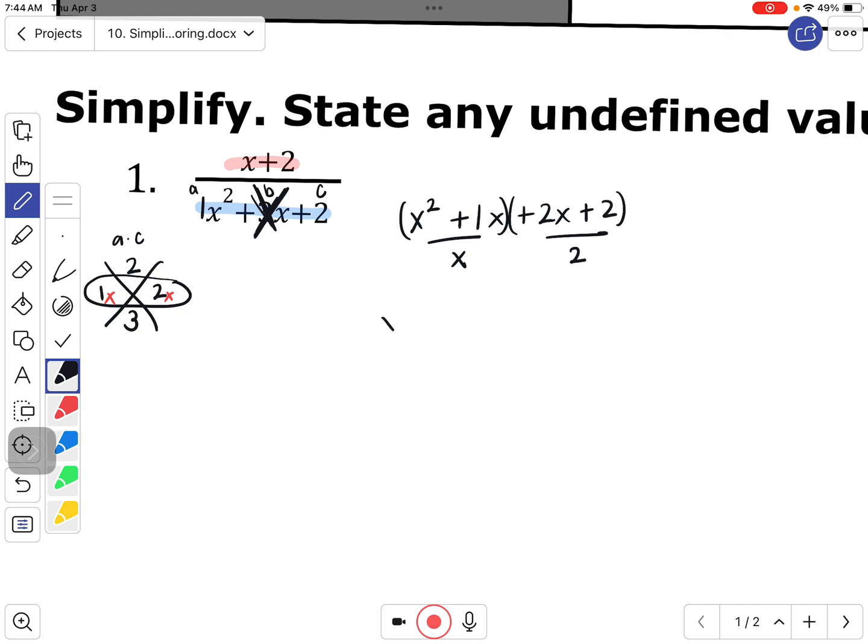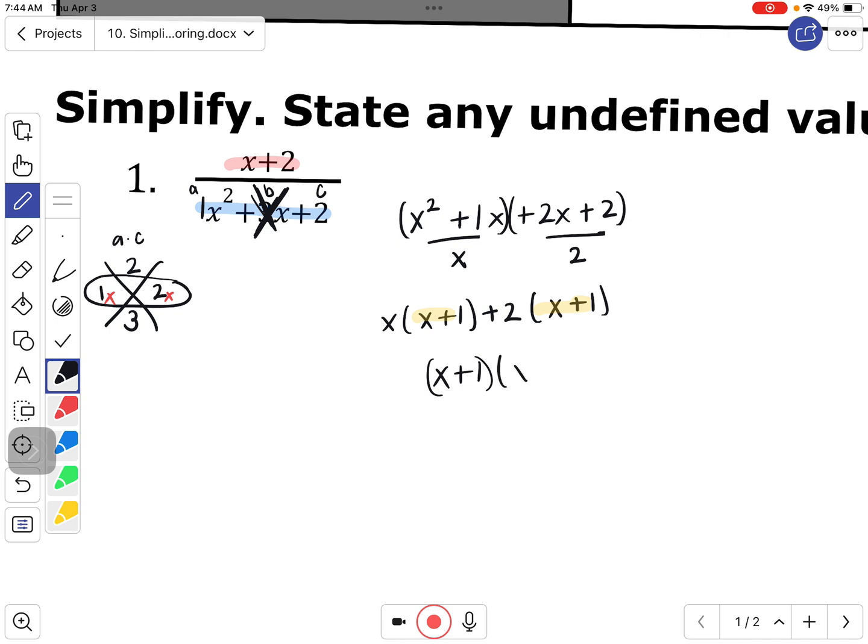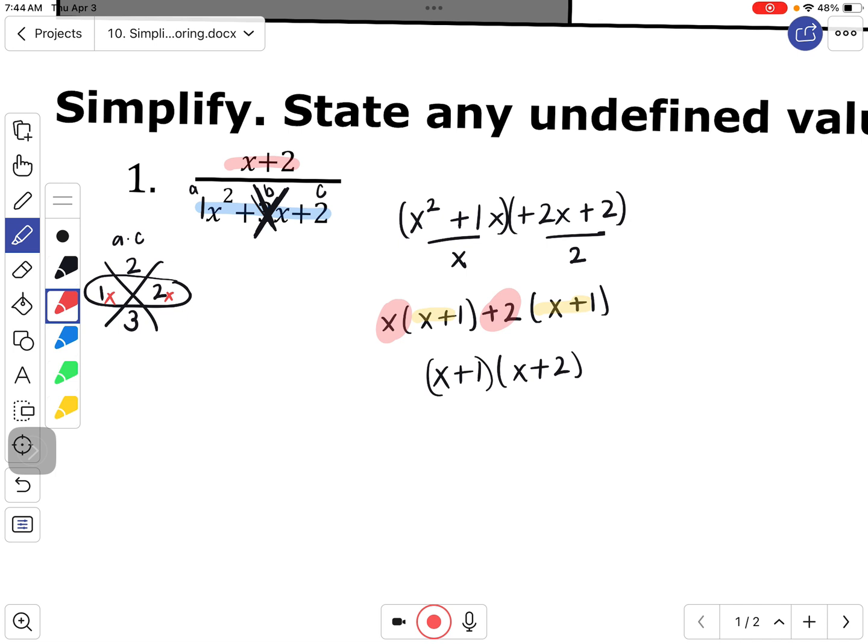Then we would put our x out front, and x squared divided by x is x, 1x divided by x is 1, and then we had a positive 2 in the middle, and then 2x divided by 2 is x, and 2 divided by 2 is 1. Our whole goal was to get these two to match, x plus 1, x plus 1. And when that happened, we would say x plus 1 as one of ours, and the outside x plus 2, and I'm getting that from this guy and this guy. And then we'd say that's factored.